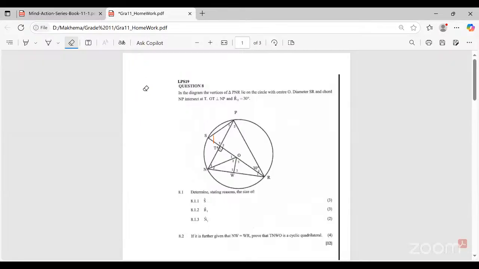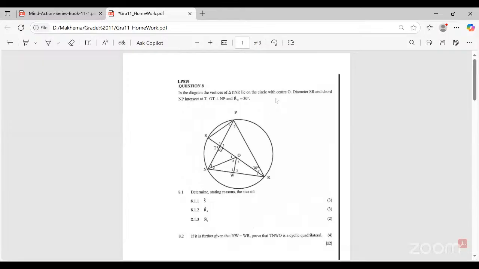It's question 8. They are saying to us, in the diagram, the vertices of a triangle PNR lie on the circle.